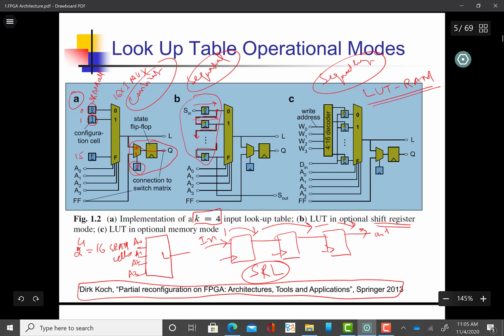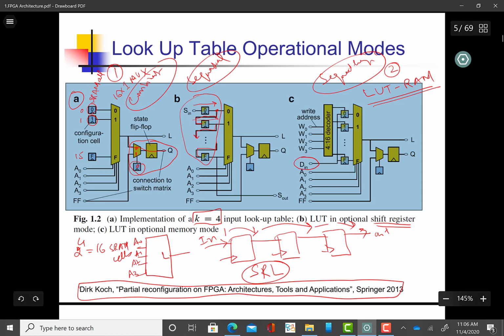Okay, lookup table RAM. The application is that you can implement a small sequential memory. Remember, sequential memory. In the first case, the memory is not sequential, it is combinational. But in this one, it is sequential. You see that there is this very important signal DN.